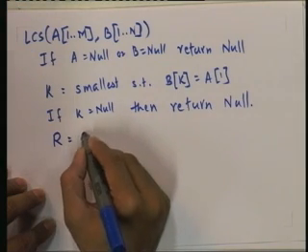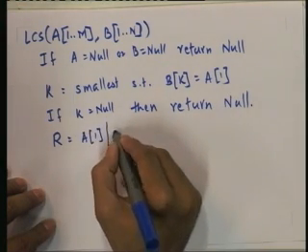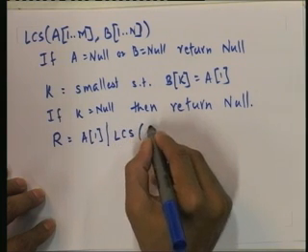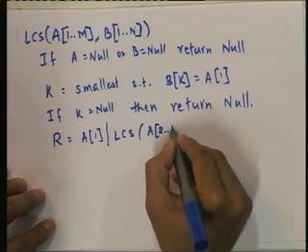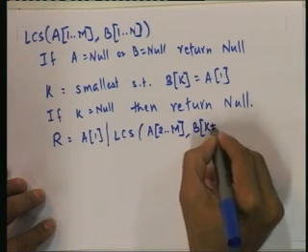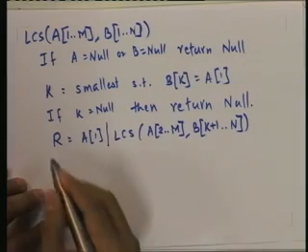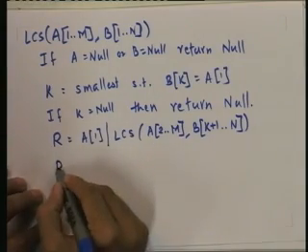r equals a of 1 concatenated with LCS of a of 2 through m and b of k plus 1 through n. Then we will compute r prime.